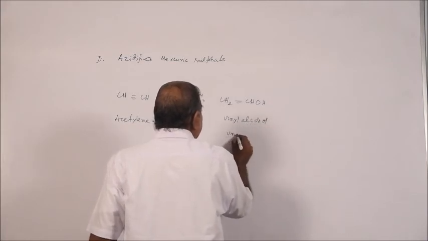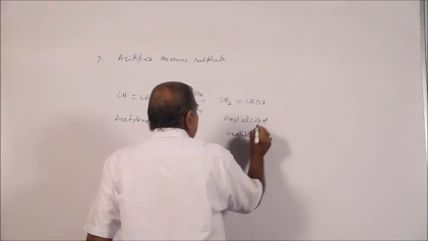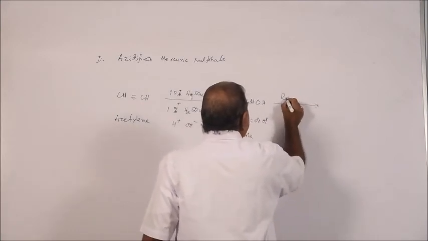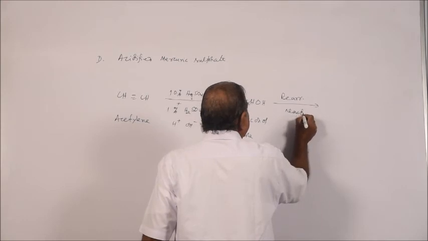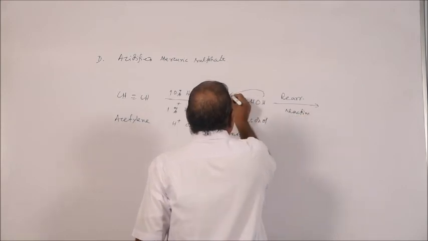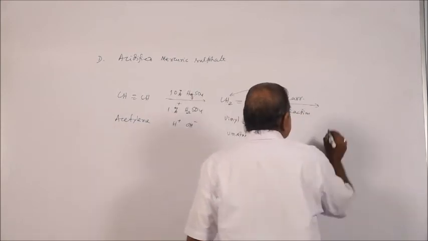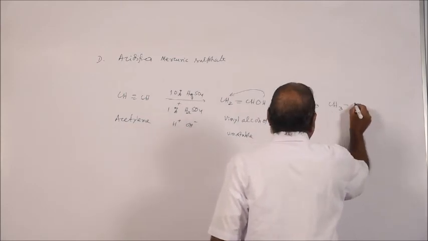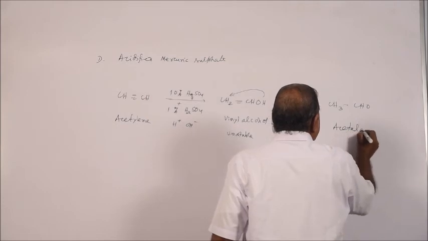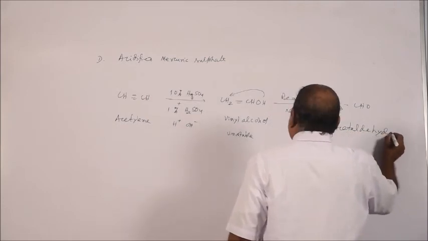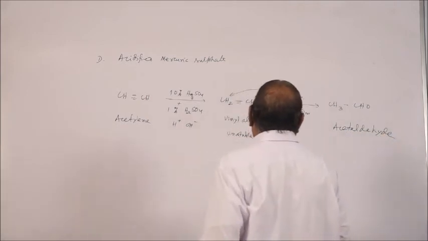This is unstable, and undergoes a rearrangement reaction in which one hydrogen atom changes its place to form acetaldehyde. So acetylene, the first member, gives you acetaldehyde.